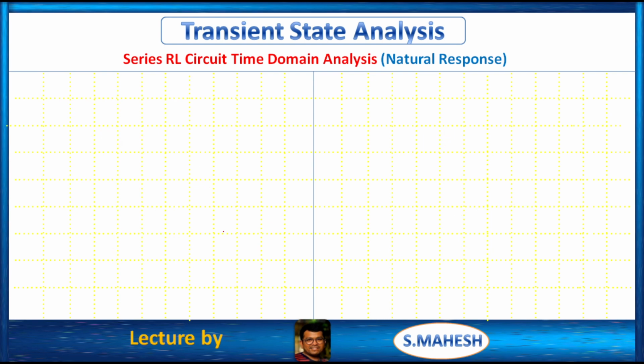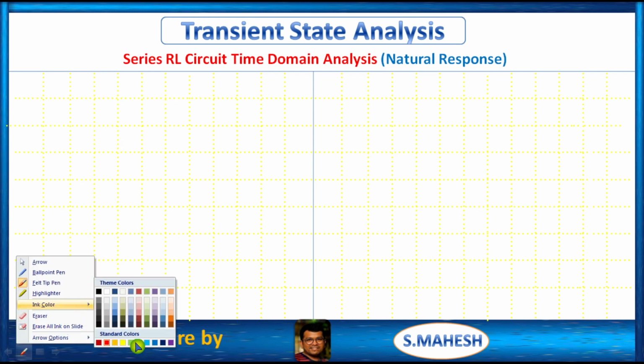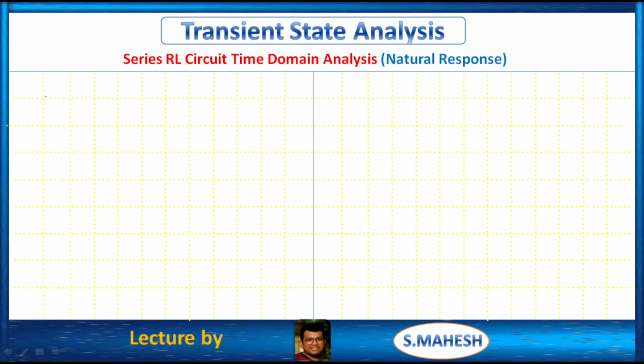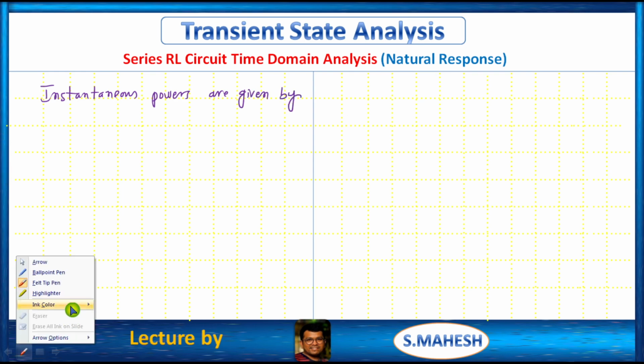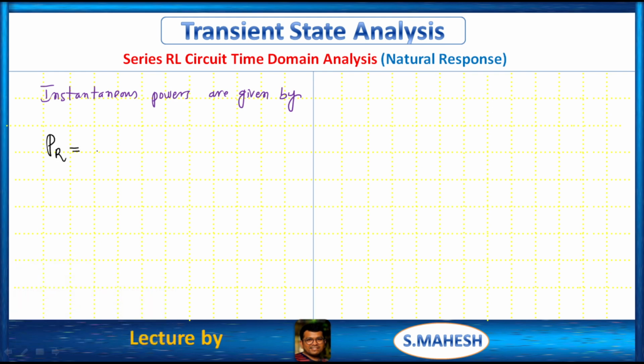Next, instantaneous powers. Simply, what we have? PR, which is equal to VR into I, which is simply V square by R e power minus 2t by tau, like that.